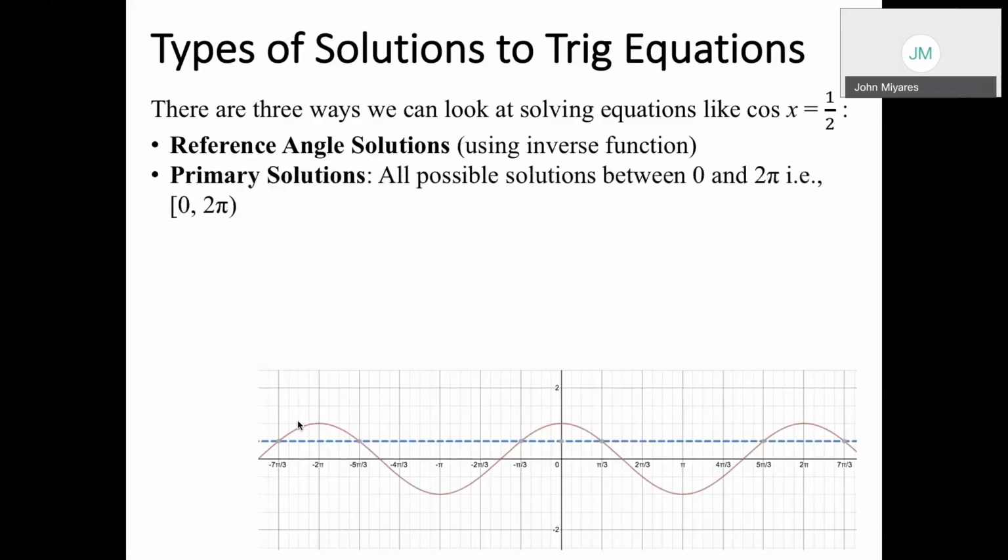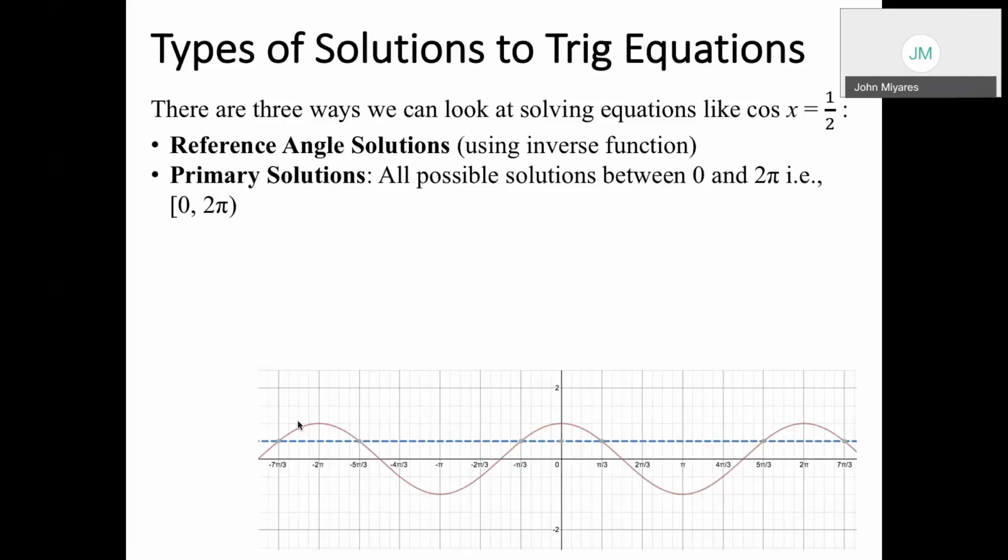The next step is to expand this to look at all of what we would refer to as the primary solutions, which would include all possible solutions to the equation between 0 and 2 pi, or 0 and 360 degrees. Essentially, one full revolution of our unit circle.